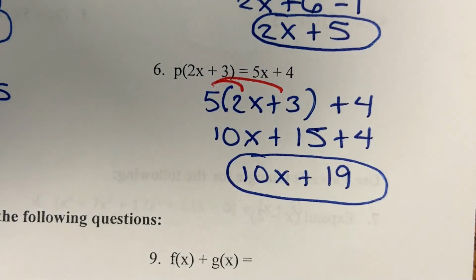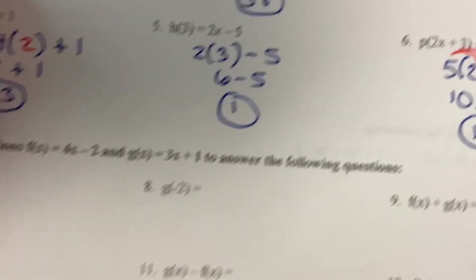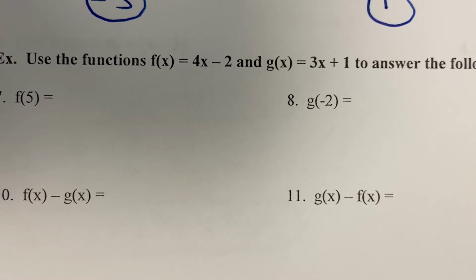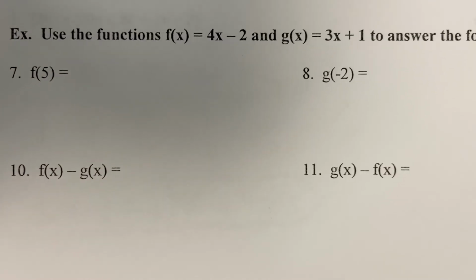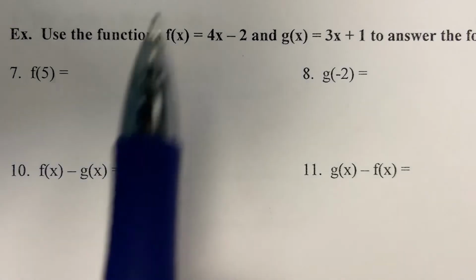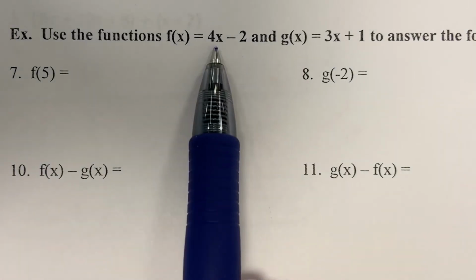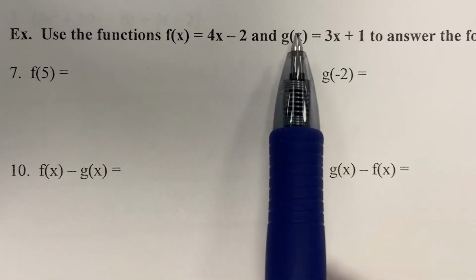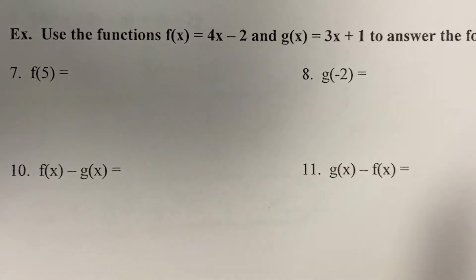All right. Now that's basic, just substitution. Now we're going to have some examples where it tells me f of x and g of x is equivalent to something. And so when they say f of 5, I have to pay attention. I want to make sure that I'm substituting into the f function. If I have g of negative 2, then I'm substituting into the g function. The reason why they change the letters is because sometimes you are dealing with real world situations.